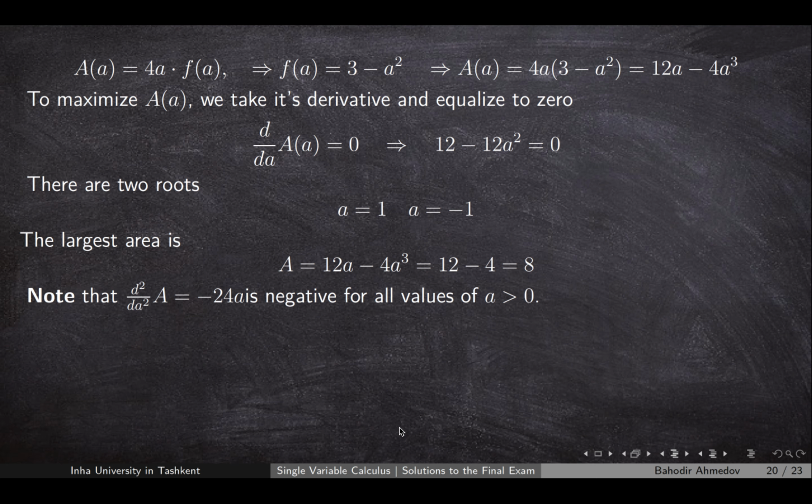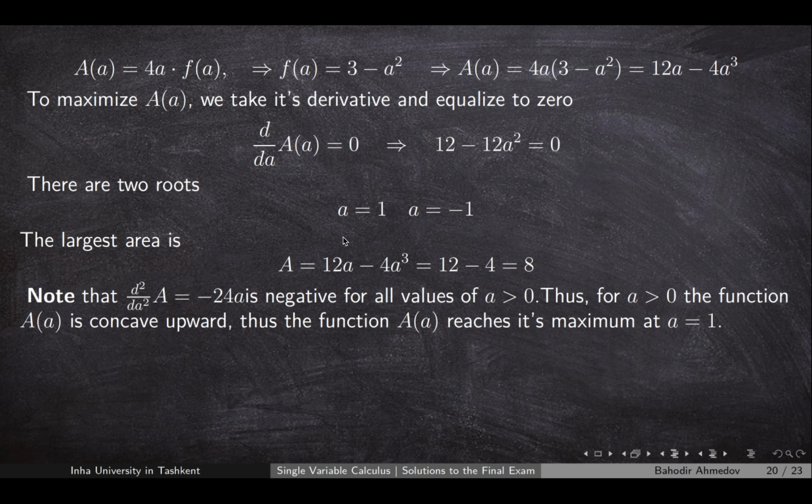It is concave downward. So for all positive values of a, for example a equal to 1, the second derivative is negative. That is why in those regions the function is reaching the maximum. Okay, so this is the intuitive proof of how to show that the function reaches the maximum, not the minimum, at this point.